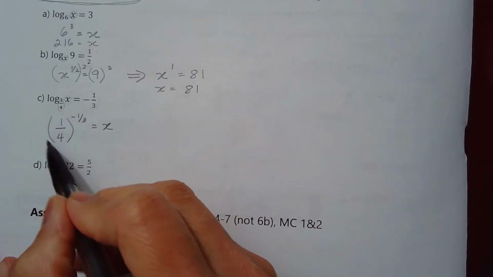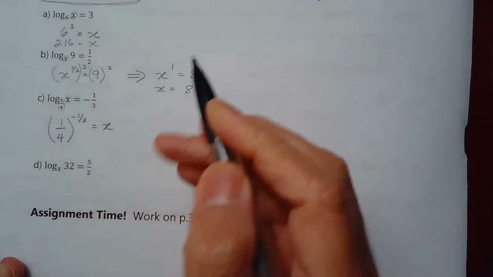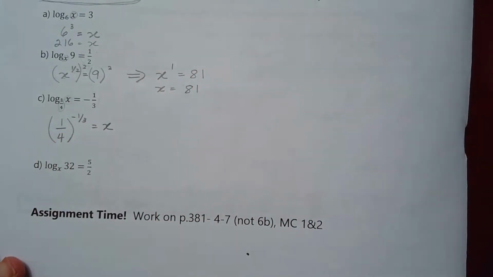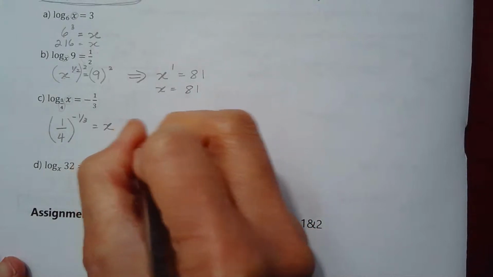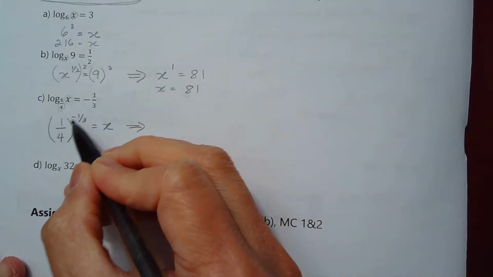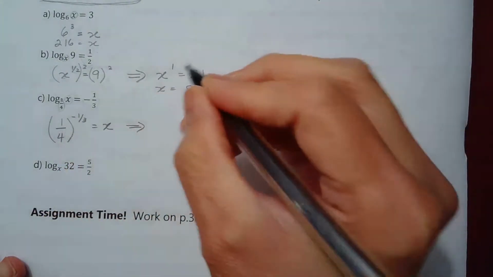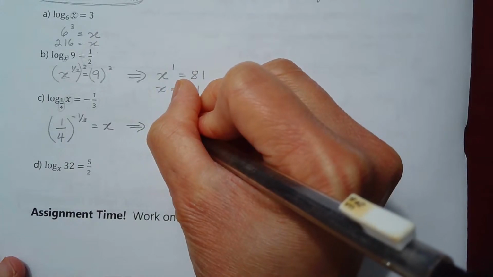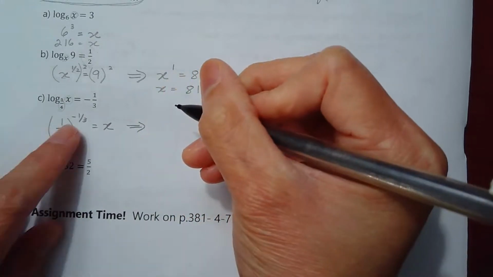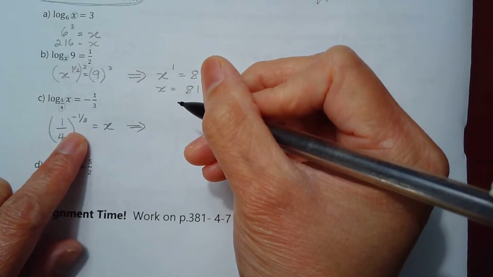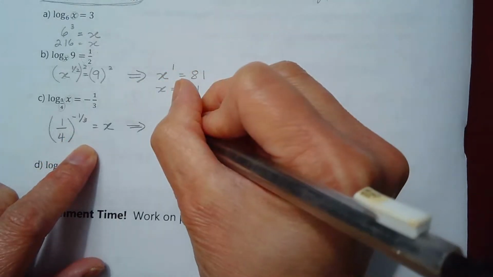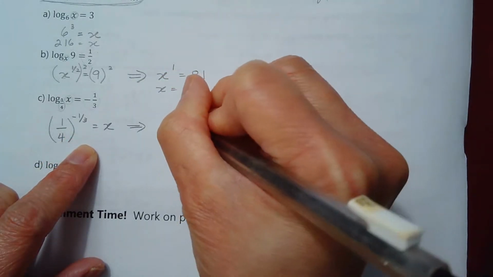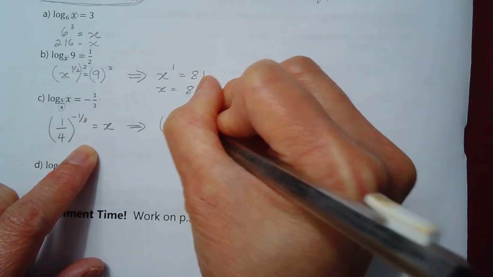Well, we could simplify this one in here. We didn't really have enough room in here to show our work, so I'll go sideways this way. We can make this a positive exponent by going like this. If I change it to a positive exponent, it becomes 4 to the 1/3.